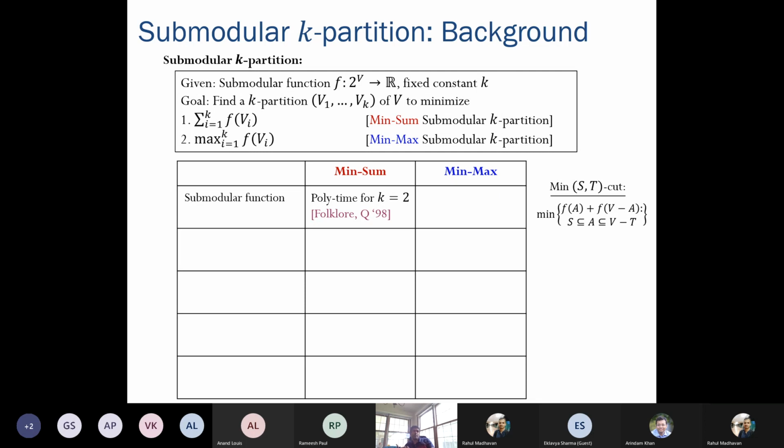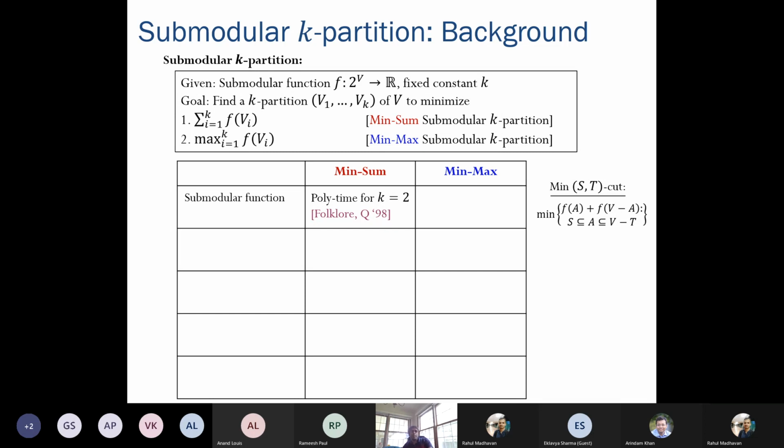Turns out min-st cut for submodular functions is the classic submodular minimization problem, which is polynomial-time. So you can solve min-sum submodular 2 partition. This is the folklore reduction to min-st cut. But there are also ordering-based algorithms to solve min-sum submodular 2 partition, which is due to Queyranne.